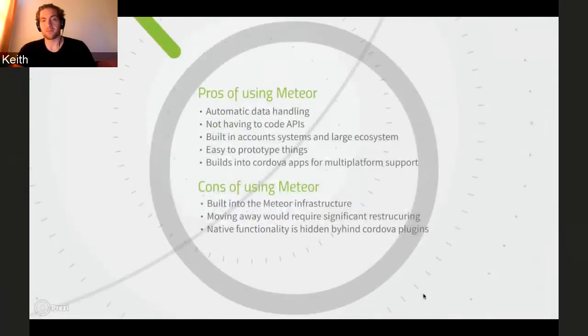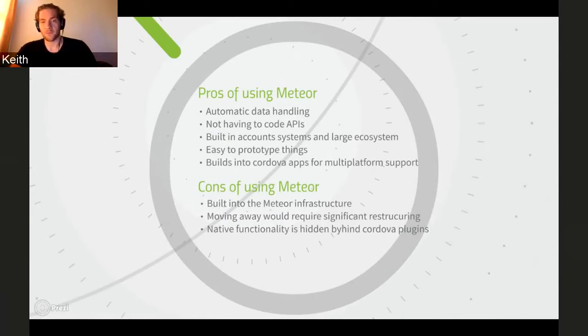Meteor is, of course, I'm a big fan of it, but it does have its pros and cons. One of the best things I think about it is that it's able to compile into Cordova apps for Android, iOS, Windows phones if you're into that sort of thing. And who knows, maybe somebody even put one out there for like a Zune.